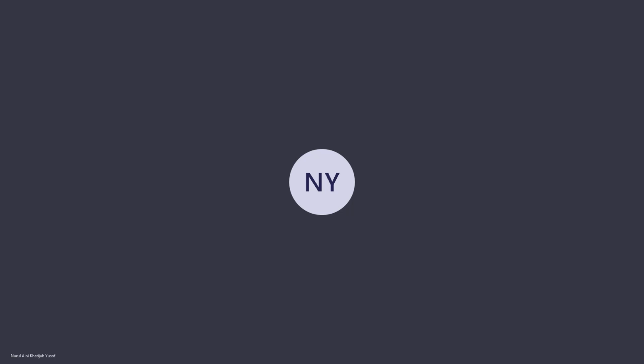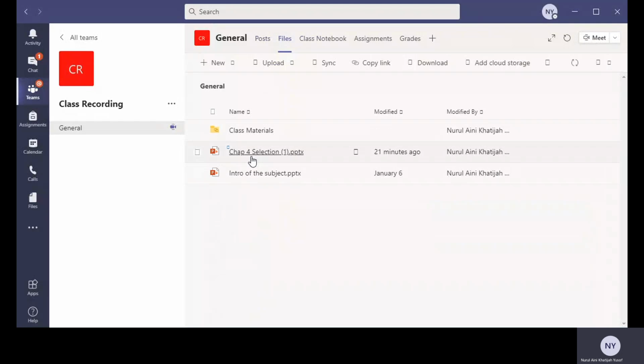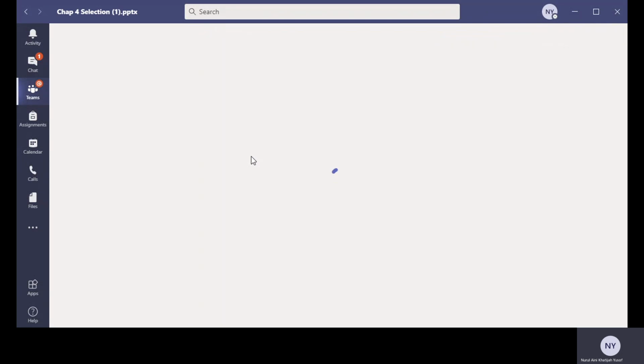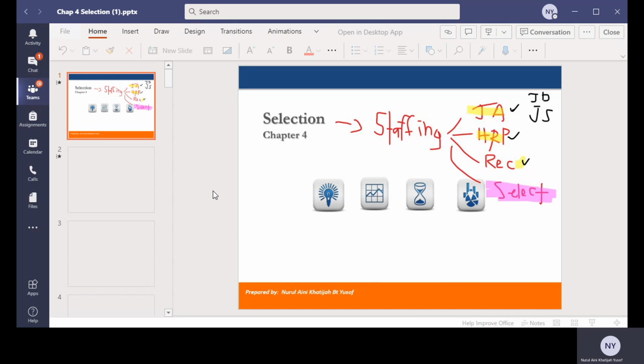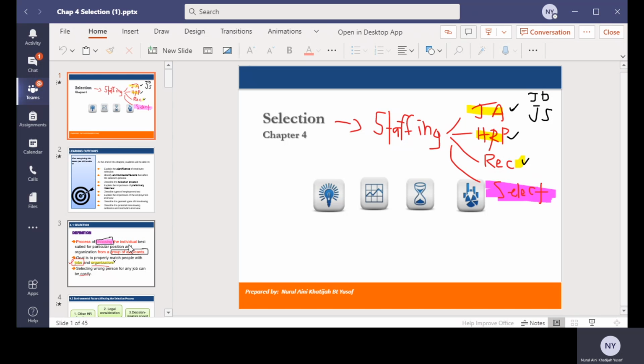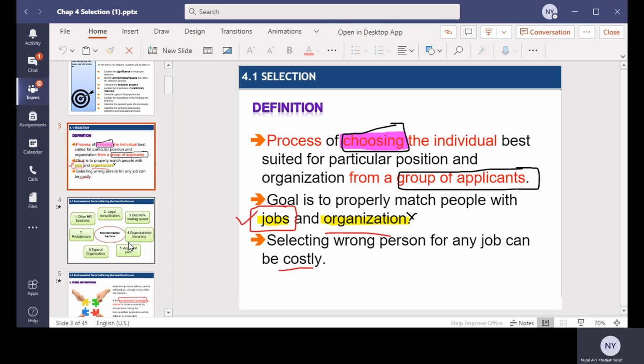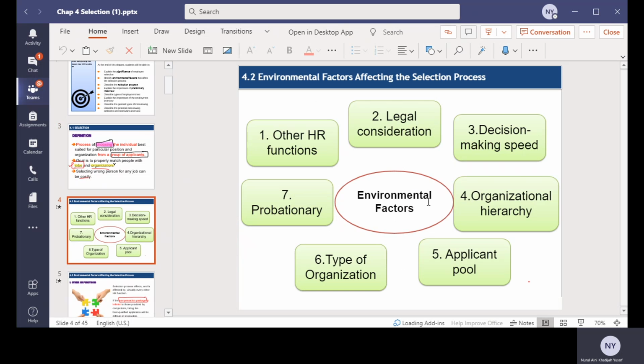Okay, so let's proceed with the chapter 4 topic selection. So this week, actually during the tutorial classes, I have explained to you again the definition of selection. Again, I have highlighted that selection is the process of choosing, and these are the 7 environmental factors that affect the selection process.